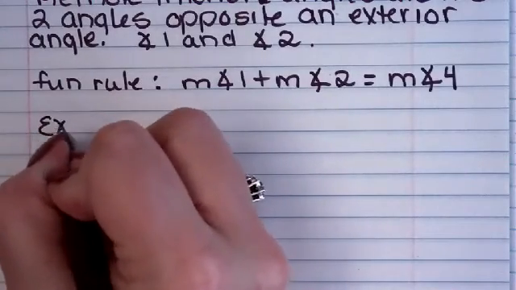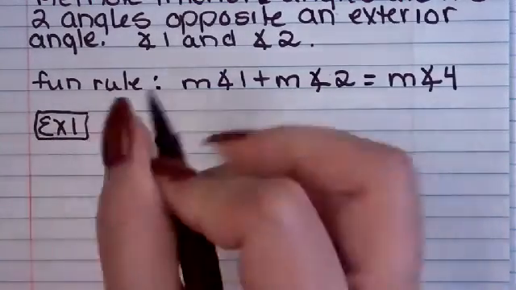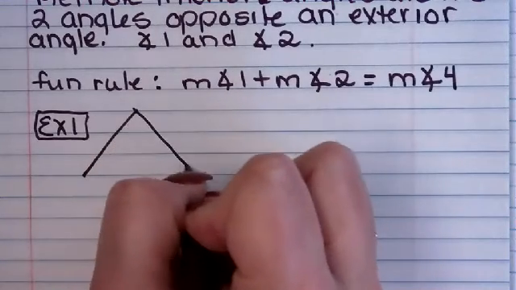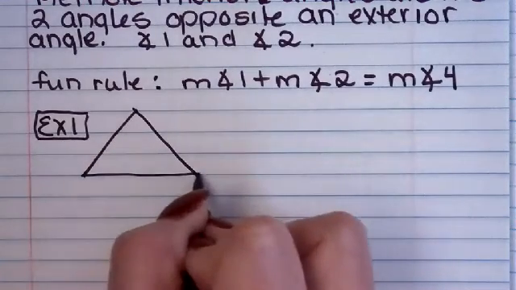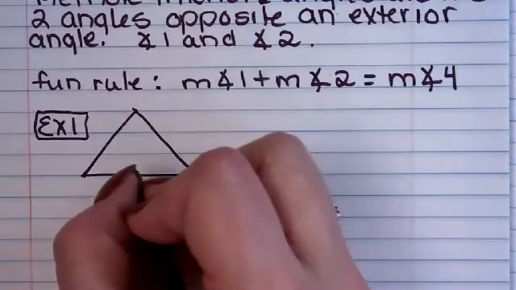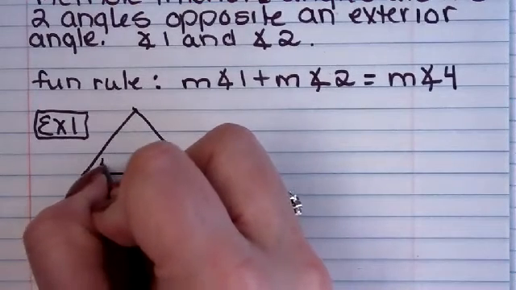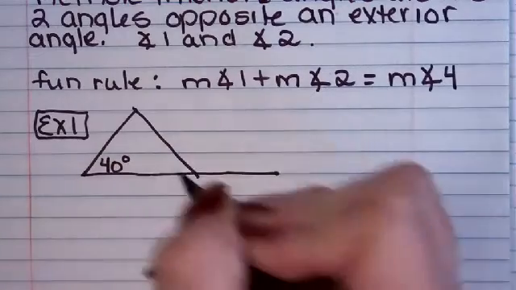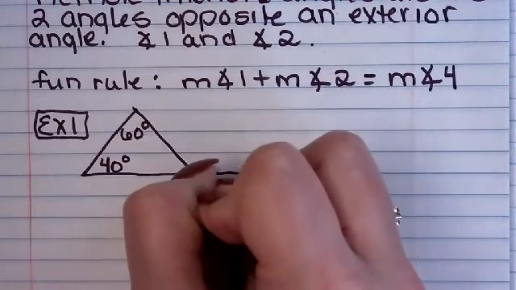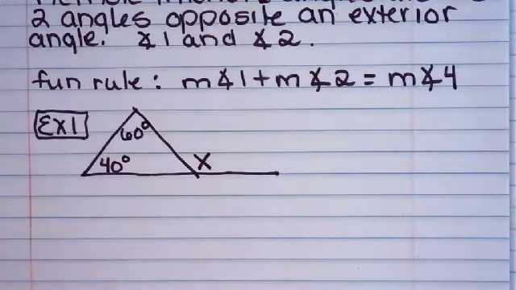Example 1. Let's just kind of duplicate the picture we had up there at the top. That's just like your really most basic, easy to see picture. Okay? Now, I'm going to tell you that this angle right here is 40 degrees. This angle up here is 60 degrees. And I want to figure out what X is. Okay? Well, our rule says this.